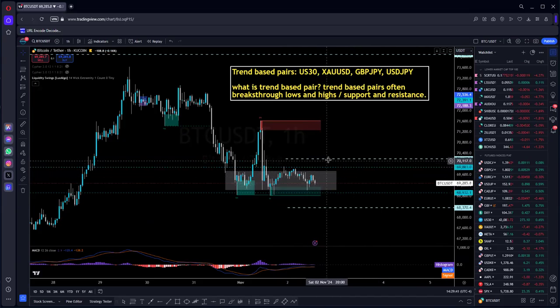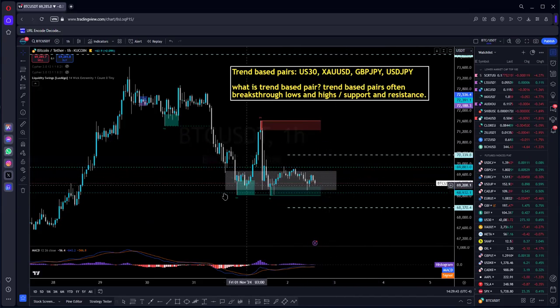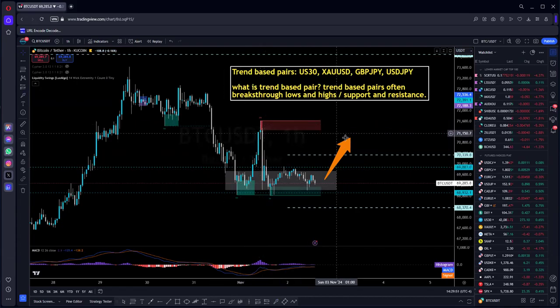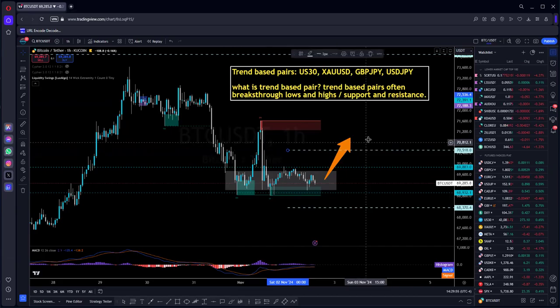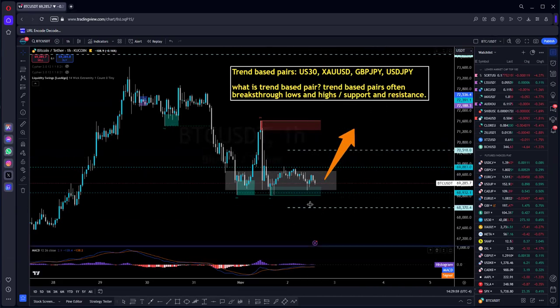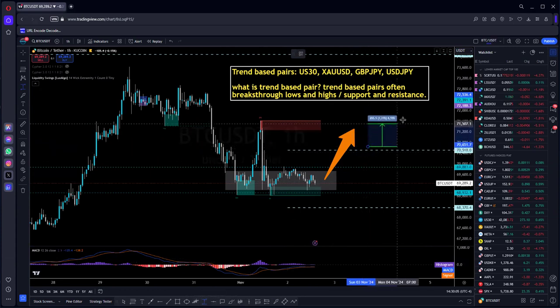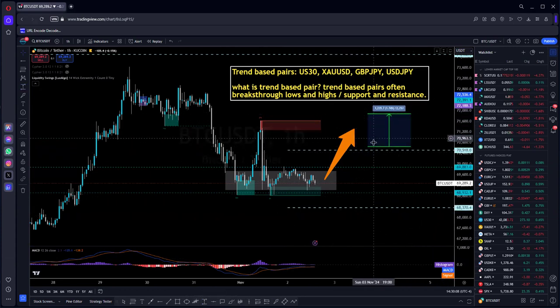So if I were to try and catch this trend, and let's say it's about to dump or pump, I'm going to try to catch it on its way back to its previous high. So a good area, you could just ballpark it, 70,500. That might be a good buy stop because if it triggers that buy stop, that entire rest of the zone is now in a profit range.